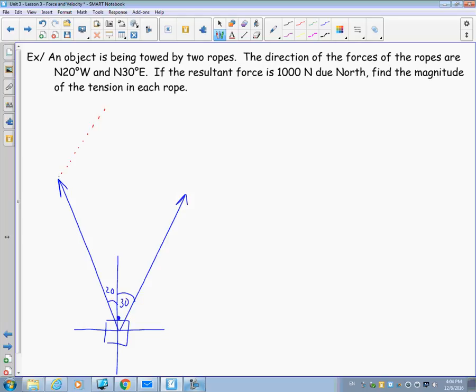So if I were to complete the parallelogram, the resultant would go from the tails straight north, because that's what it told me in the question, to the heads. That's my resultant. I was told it's 1,000 newtons. We're asked to find the magnitude of the tension. In other words, how much force there is in each rope. So I'm going to label them force 1 and force 2. So let's call this rope 1.